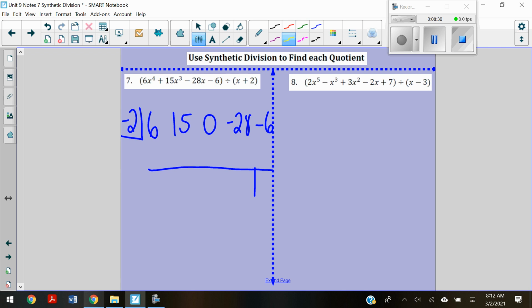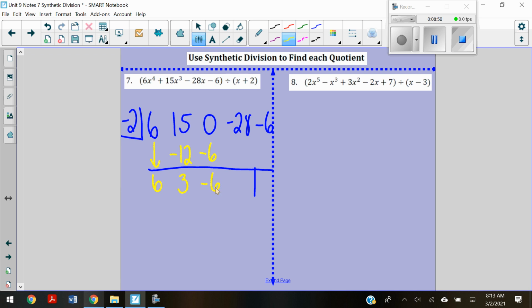All right, so I'm going to bring down my 6. 6 times negative 2 gives me a negative 12. 15 minus 12 gives us 3. 3 times negative 2, we get a negative 6. 0 plus negative 6 turns into a negative 6.